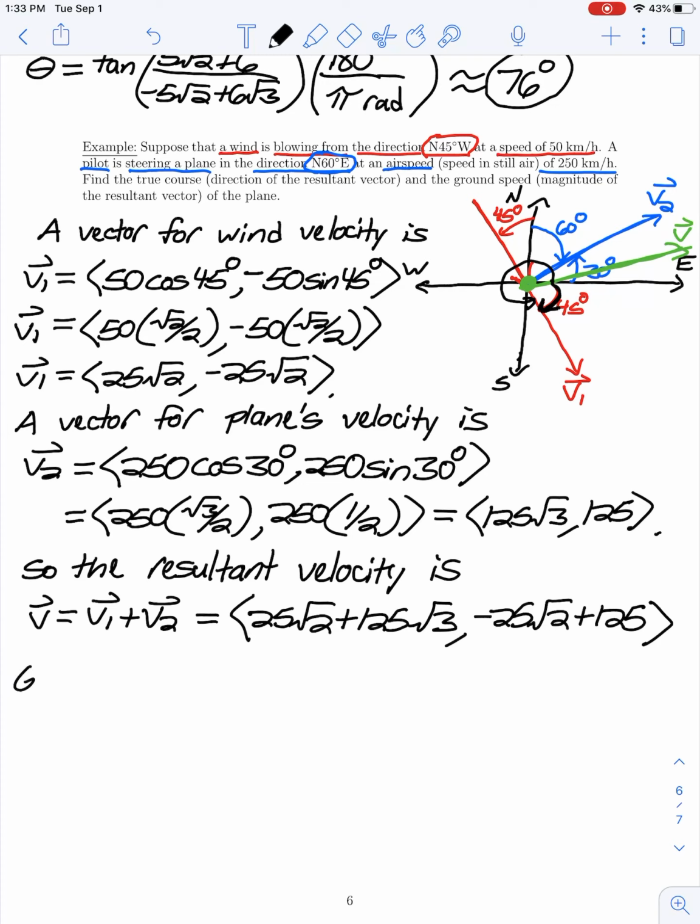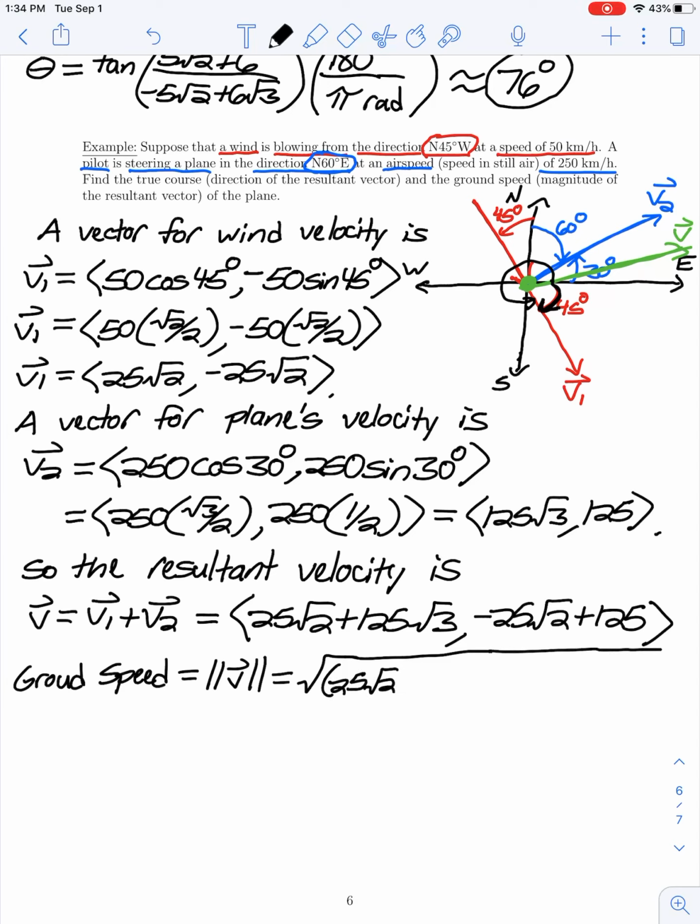So here, the ground speed is the magnitude of this resultant vector V, which is found by taking the square root of the sum of the squares of the components of that vector.